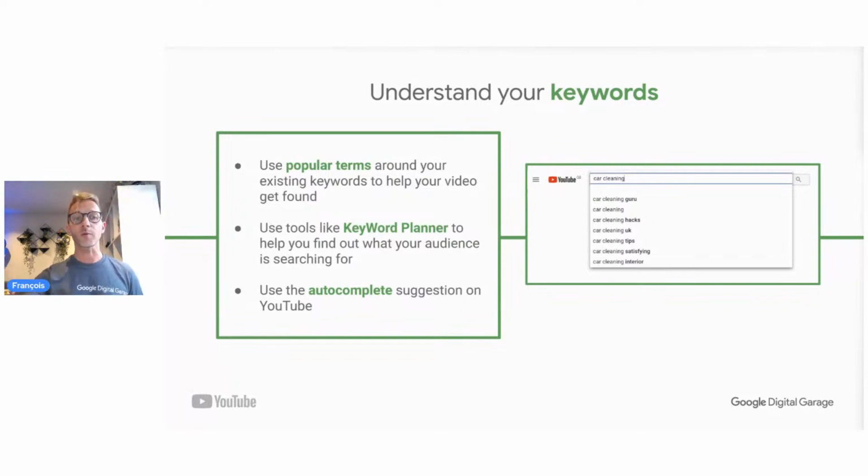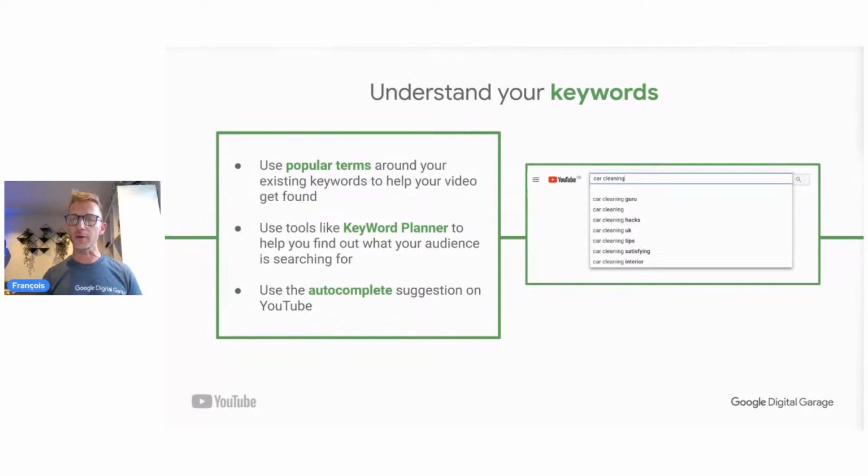So using popular terms is going to get your video found, and it means that you're going to optimize your video SEO. SEO is search engine optimization, and YouTube is using the same concept. So it means that your existing keywords will help your video to get found.